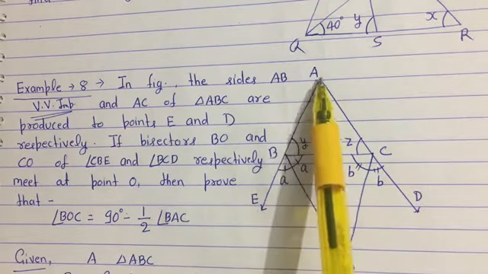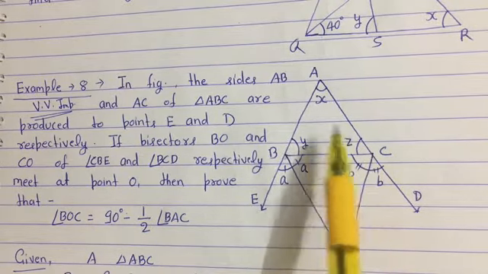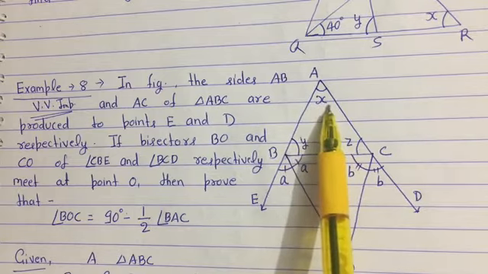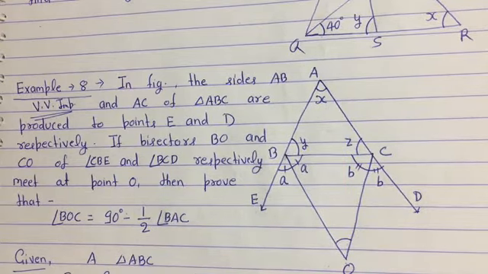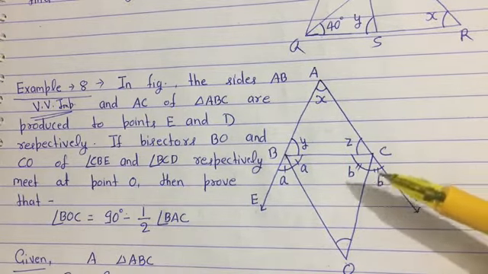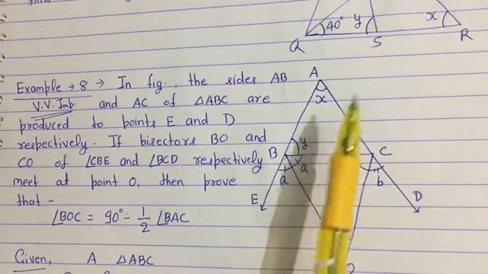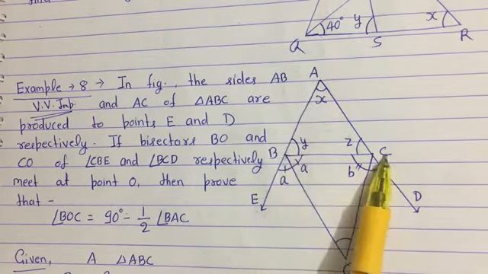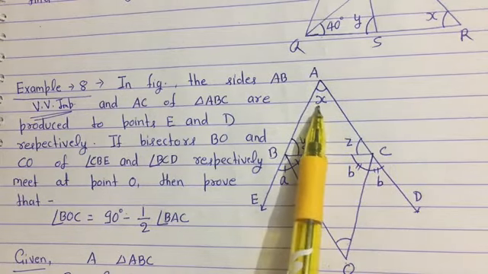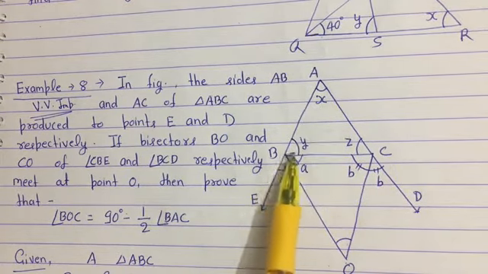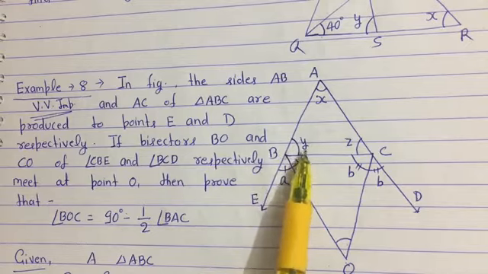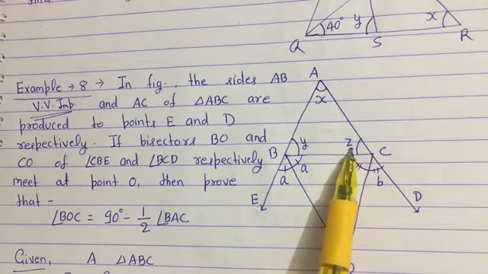Angle BAC is written as X here. Okay. Now come to the explanation of the figure. This is your triangle ABC. Angle A is named X, angle B is named Y, and angle C is named Z.